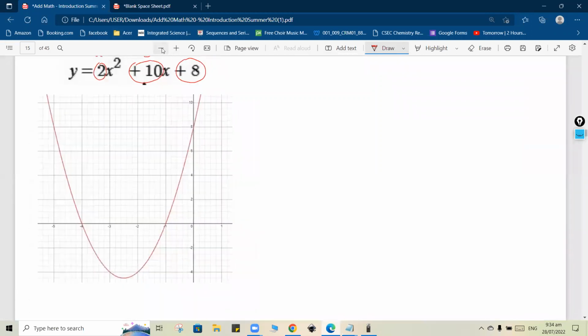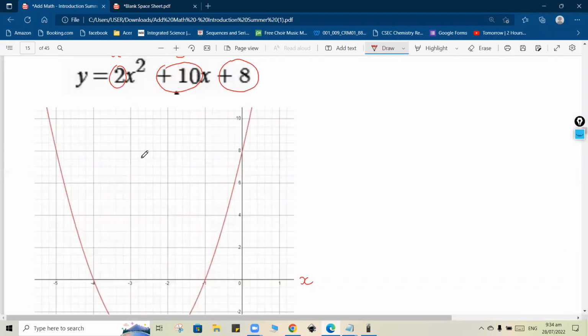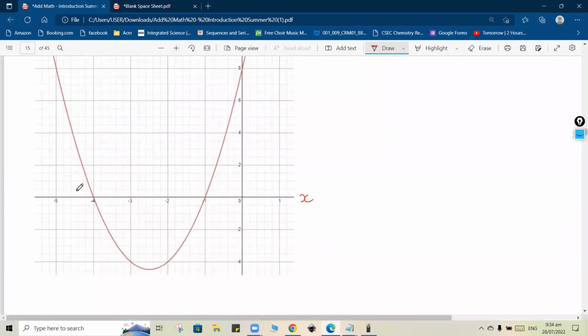Now, remember, when you are solving a quadratic, you are already trying to figure out where it cuts the x-axis. So we can actually predict what our answers are going to be. If we zoom in, this is our x-axis here. You will notice that it cuts the x-axis at what looks like -1.